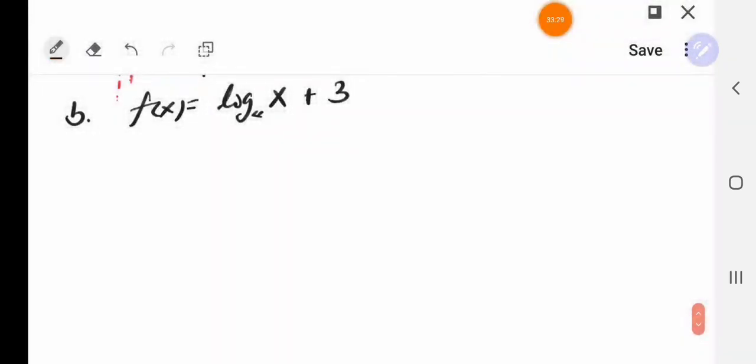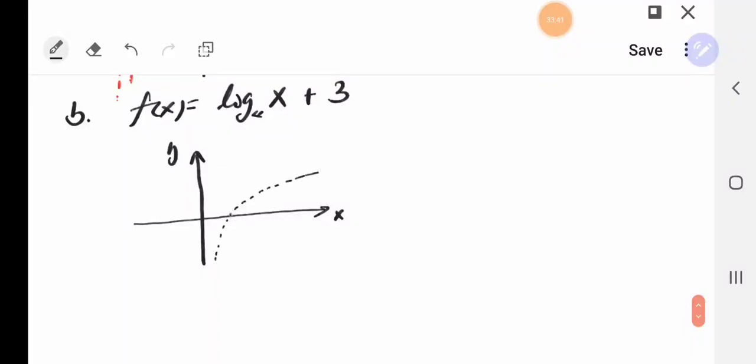Okay, next graph is logarithm base 4 of x. Okay, when x equals 1, always y equals 0. So this is logarithm base 4 of x, the parent function. And then plus 3 means this y value is increased by 3.